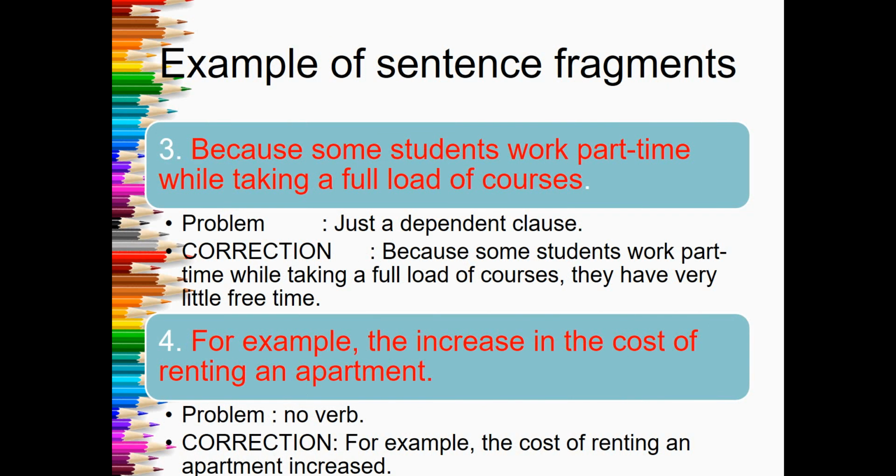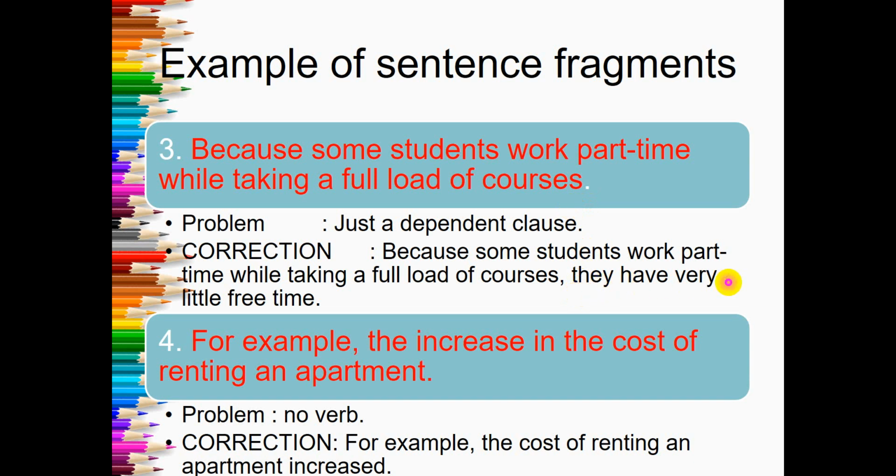Example number 4: "Because some students work part-time while taking a full load of courses." It is not a complete sentence. Why? Because there is only one dependent clause. A dependent clause cannot be a sentence because it is dependent. So, to make it into a sentence, we have to add an independent clause.